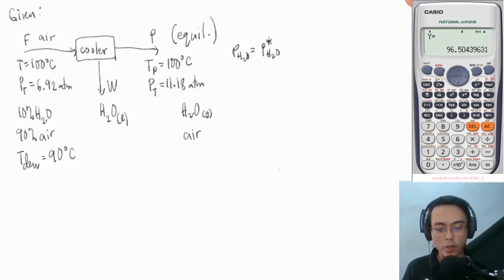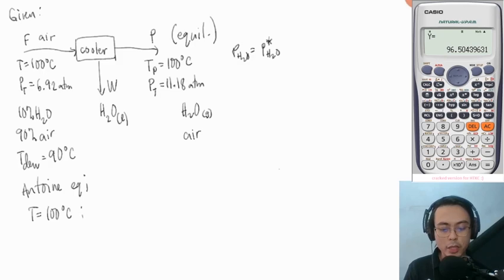So if we go back to the Antoine equation, your temperature is 100 degrees Celsius. We want to know the partial pressure of water coming from the Antoine equation. We are solving for the pressure.